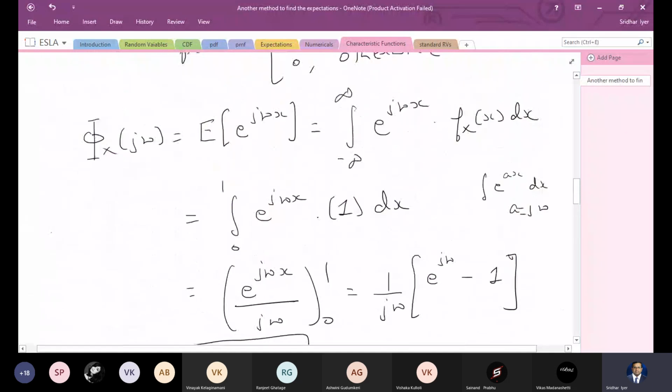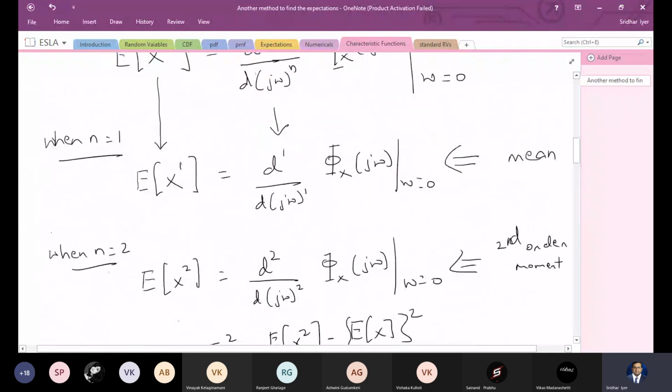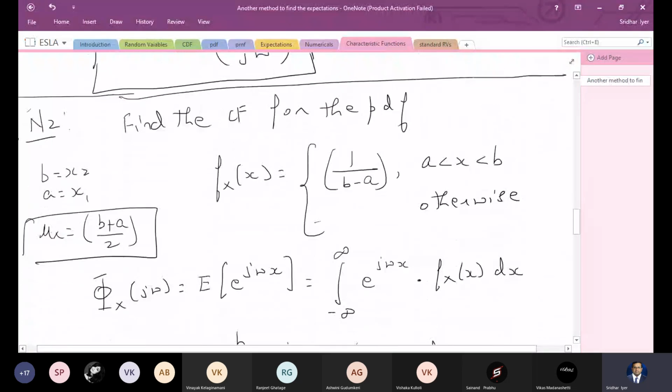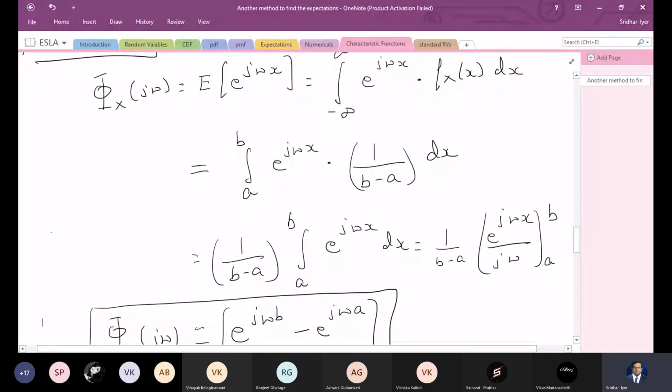Now, if we differentiate this characteristic function once and substitute omega equal to 0, we should get the mean value, right? What was the characteristic function we got for this, with 1 by b minus a?